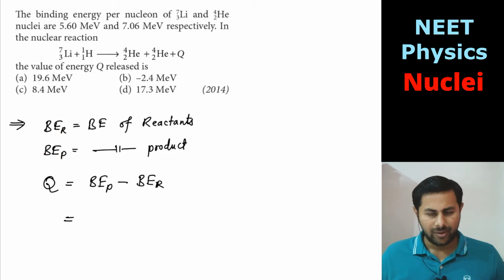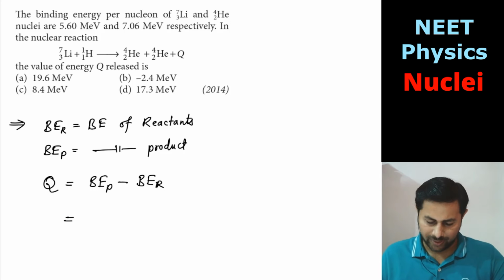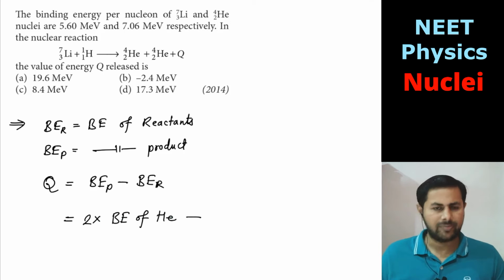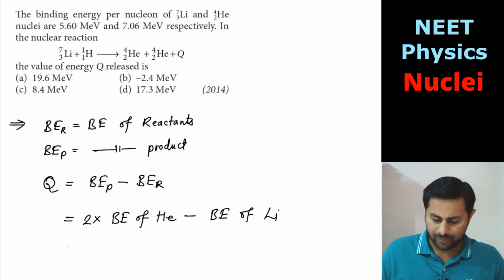The binding energy of product is 2 times the binding energy of helium, minus the binding energy of reactants, which is just the binding energy of lithium, right?